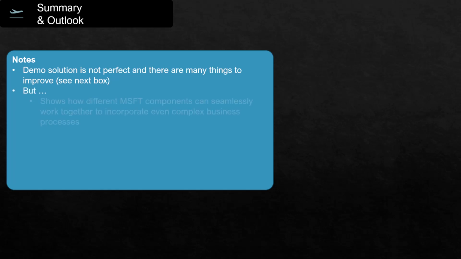But even though it's not perfect, it shows you how you can incorporate different Microsoft components that you have already in your subscription. So if you use Office E3, E5 subscriptions, you already have Planner, you already can chat in Teams, you already have availability or access to Power Apps and so on.